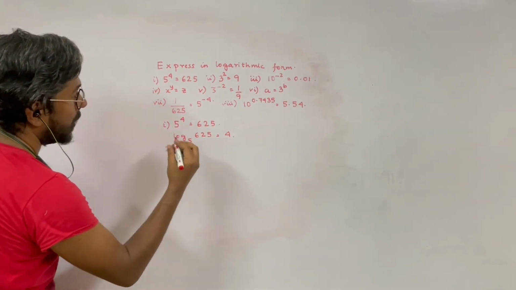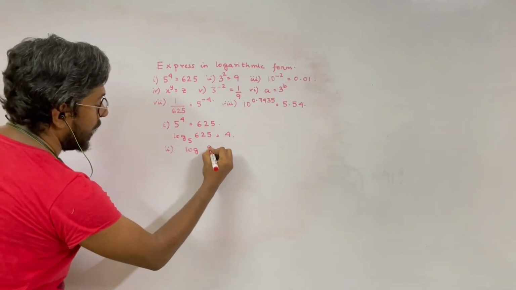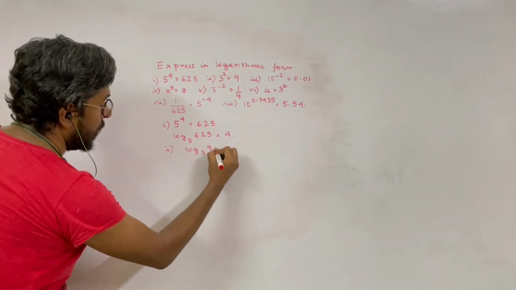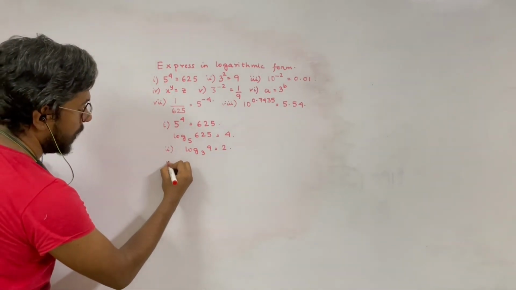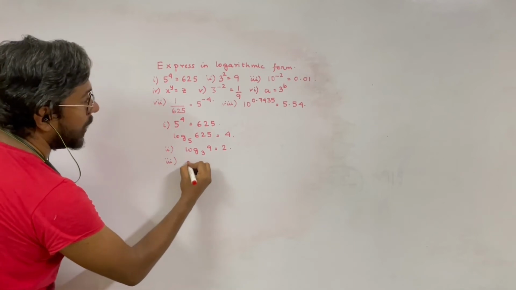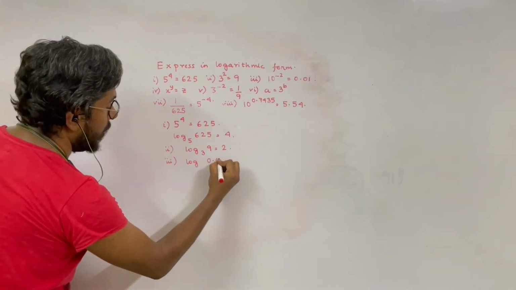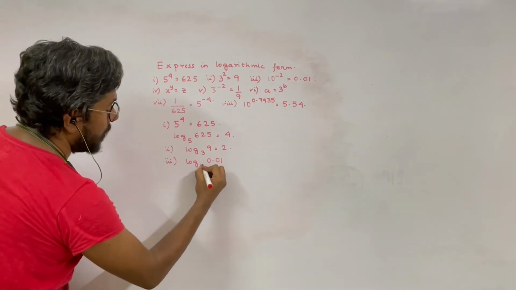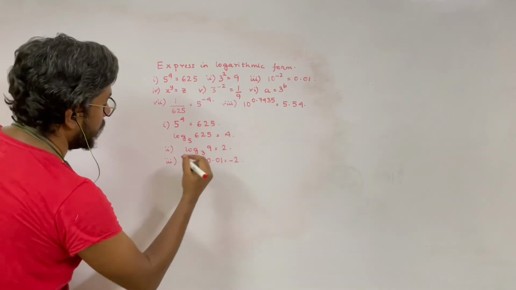Similarly, part 2, log 9 base 3 equals 2. Similarly, part 3, log 0.01 base 10 equals minus 2.